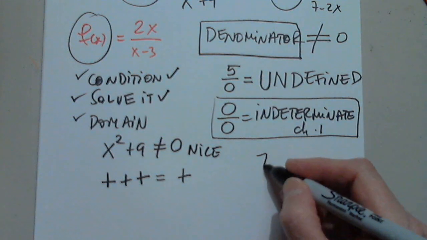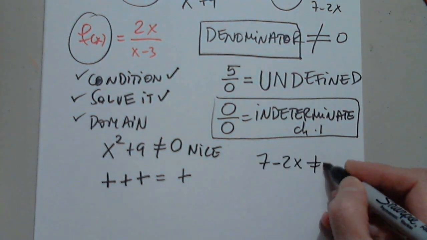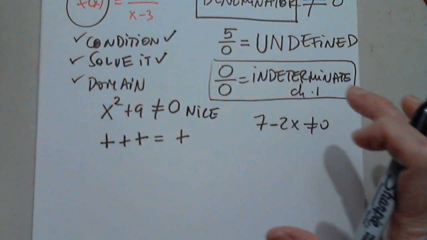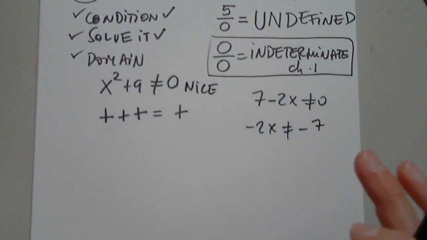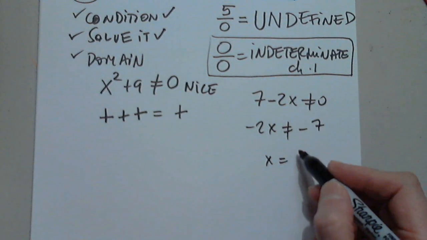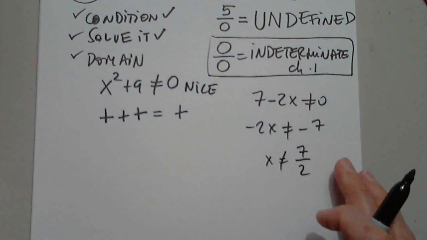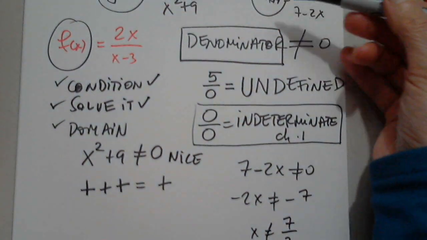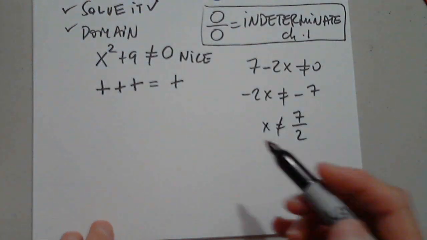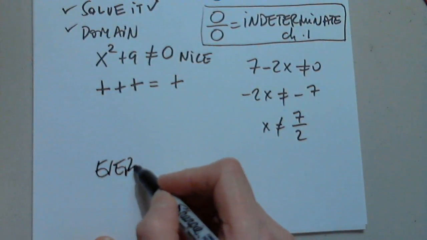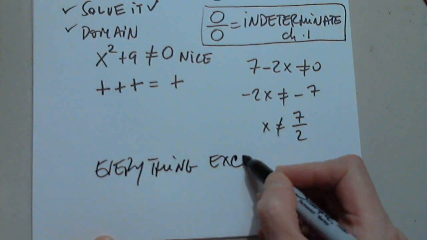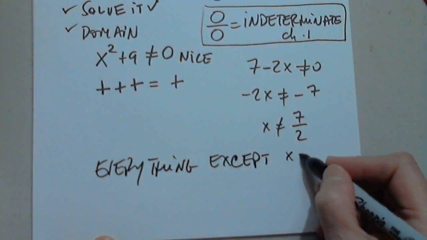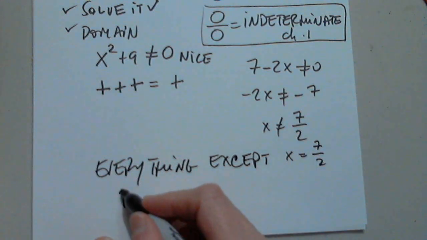Would it be 7 minus 2x cannot equal 0? Of course. I move 7 to the other side, changing its sign. And I divide both sides by -2. How do I write the domain of 43? How do I write everything except x equals 7/2 in interval notation?